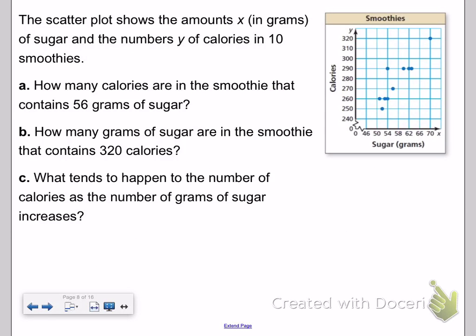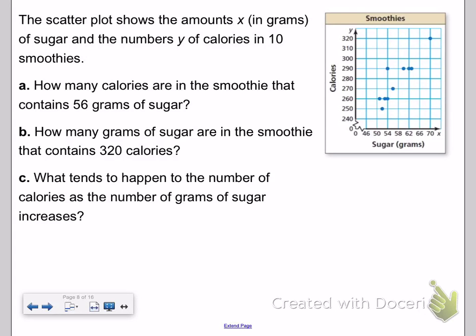How many calories are in a smoothie that contains 56 grams of sugar? How do we figure that out? Brandon? You find the point on the line that has 56 grams. So here's 54, here's 58. I'm going to 56 and I'm just coming straight up.